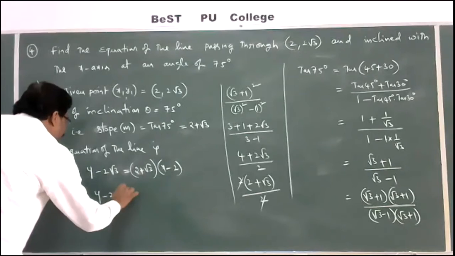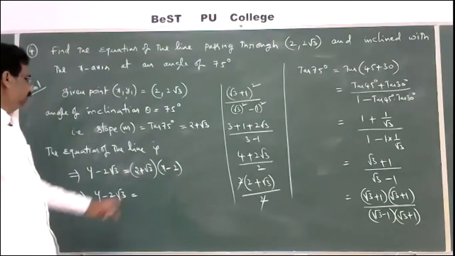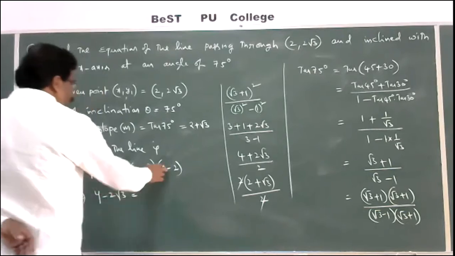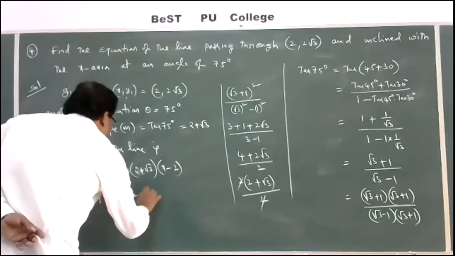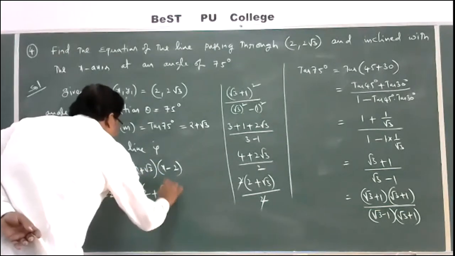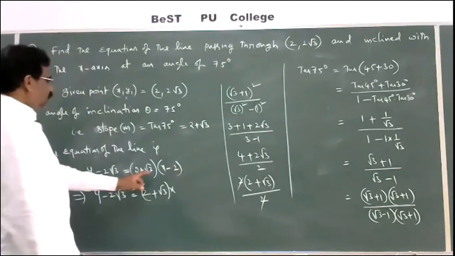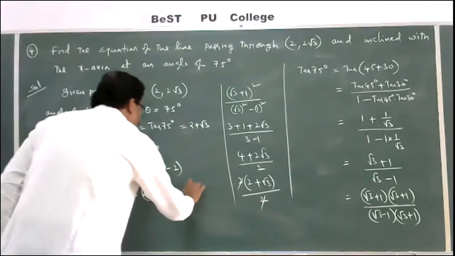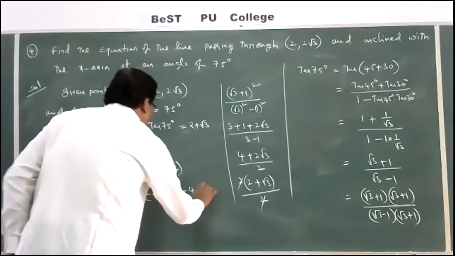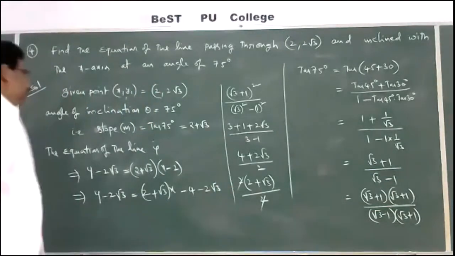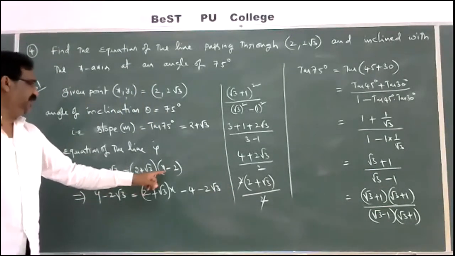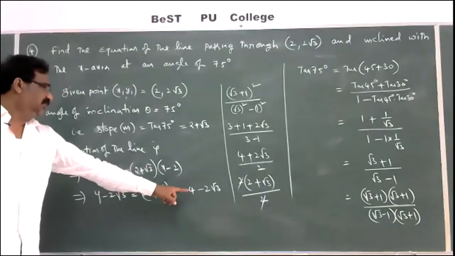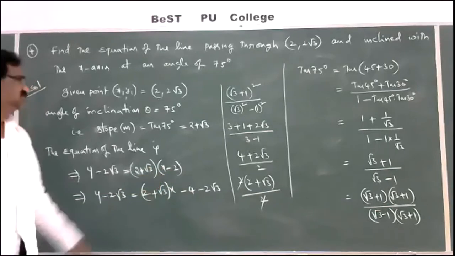So y minus 2 root 3 is equal to 2 plus root 3 into x, minus 2 into 2, that is minus 4, minus 2 into root 3, minus 2 root 3.